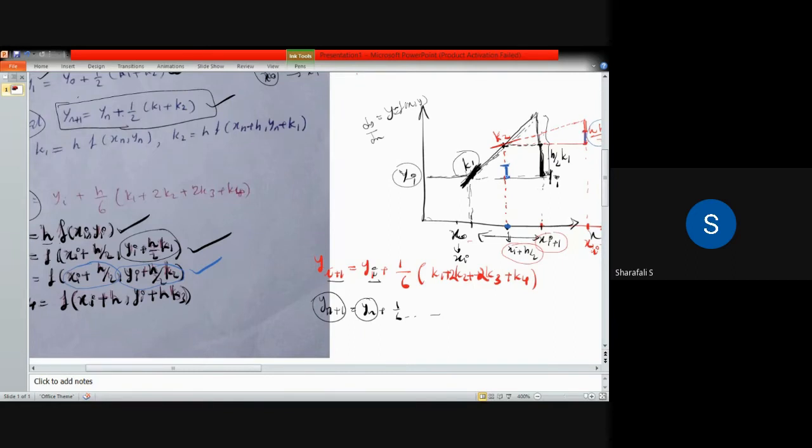From yi we have to add h by 2 K2. So I am adding that here. Then we have to consider the slope of the function at this point. That will be given by the value K3. So this is your K3.